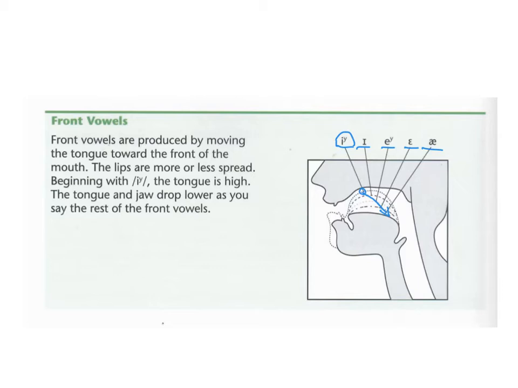E, I, A, A. Can you feel your tongue dropping as you do it? Let's try again. Start with a high tongue and then feel it dropping. E, I, A, A.